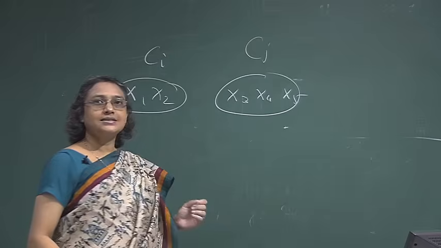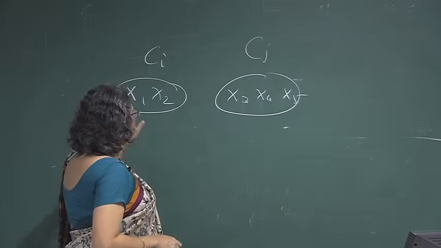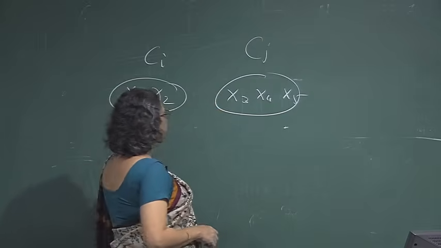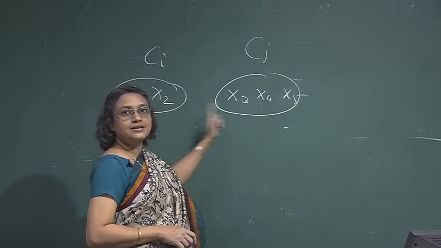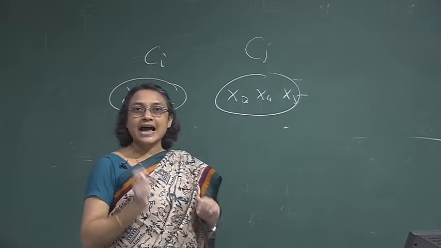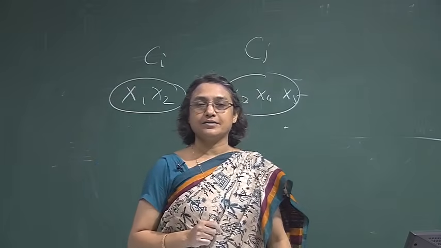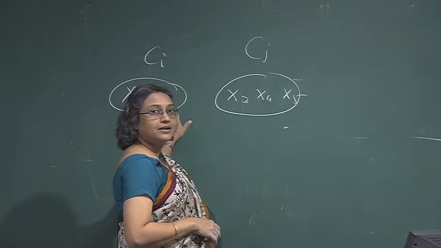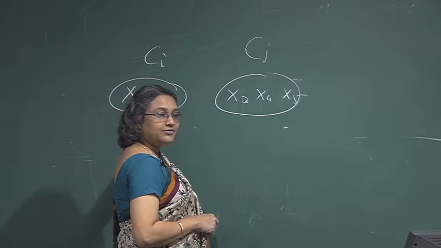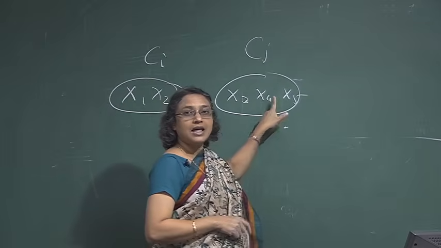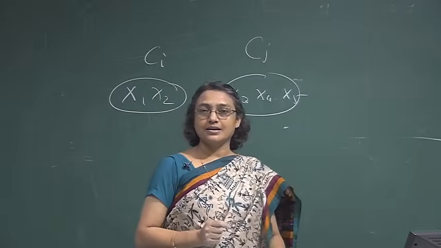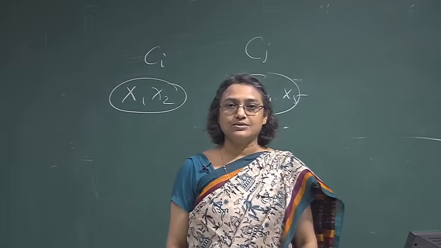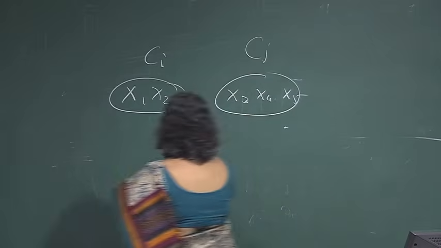Now, what is the distance between Ci and Cj? We find the similarity of x1 with x3, x1 with x4, x1 with x5, x2 with x3, x4 and x5, and among these pairs, we find that pair which is the most similar, where one of them belongs here, one of them belongs here, and we take the most similar pair.